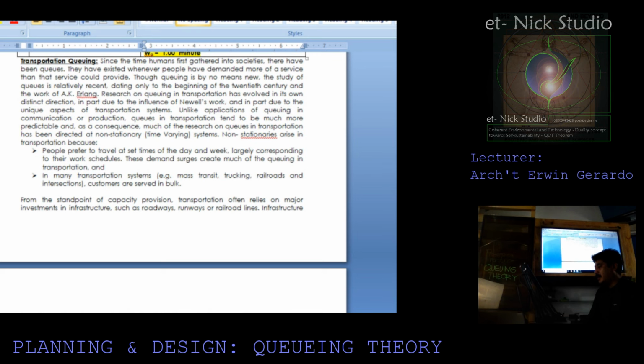These demand surges create much of the queuing in transportation.